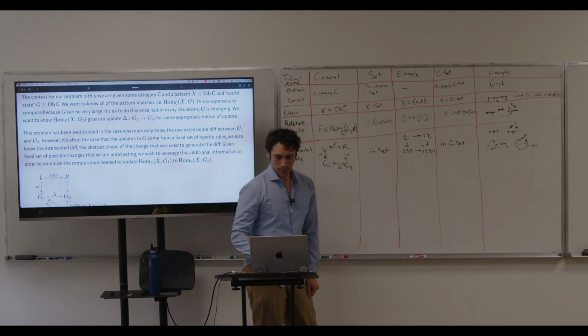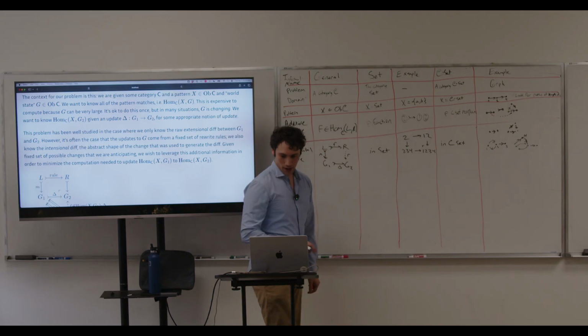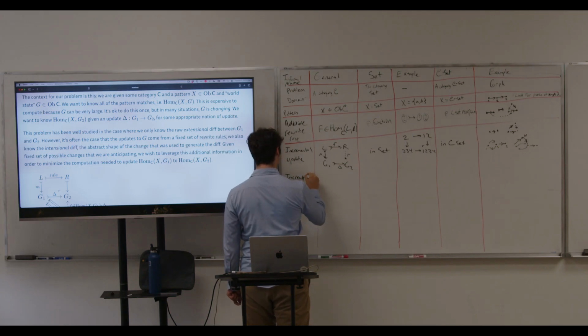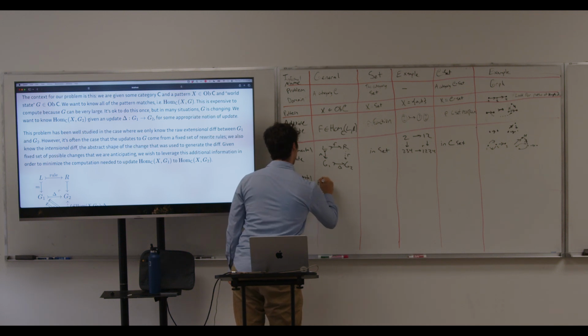Great. So now the incremental search problem is, informally, and I'll say what the formal thing means, that I have hom x g1 and I want hom x g2 minus hom x g1 post-composed with delta.